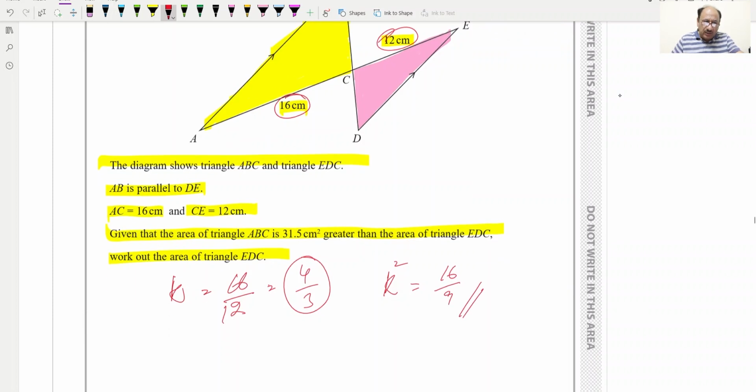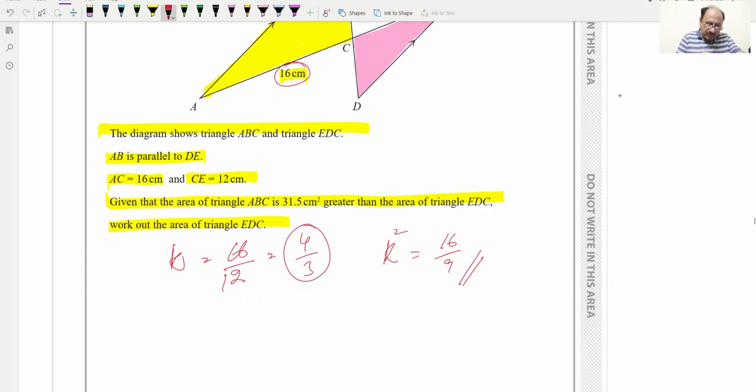And now we can write the equation as they have mentioned, given that the area of triangle ABC is 31.5 centimeters squared greater than the area of triangle EDC.